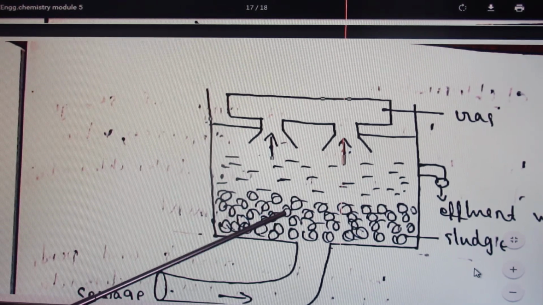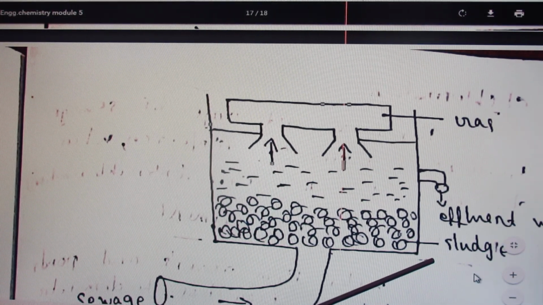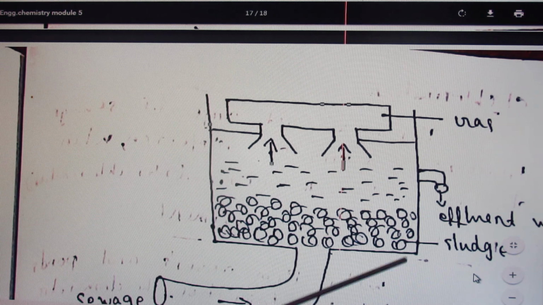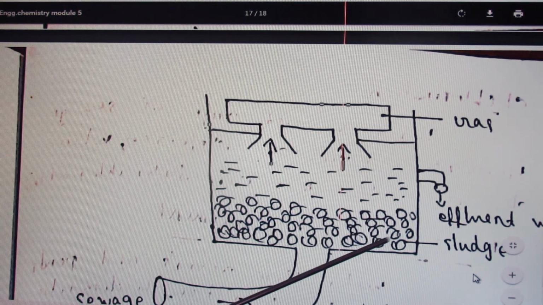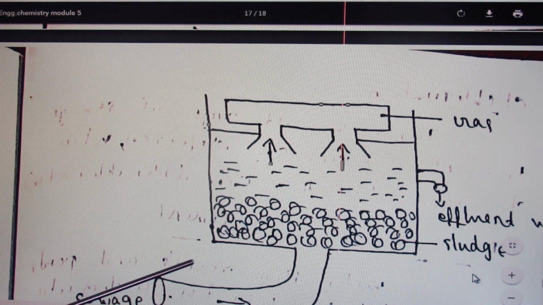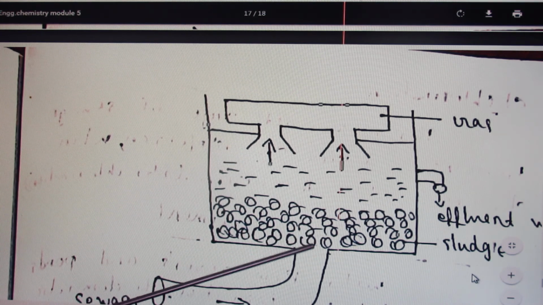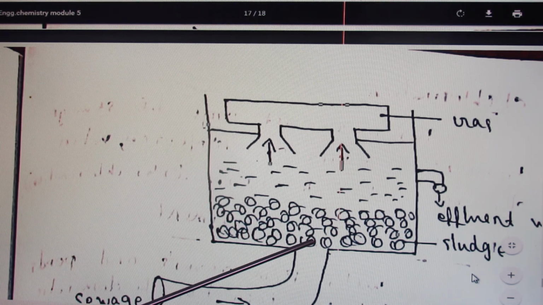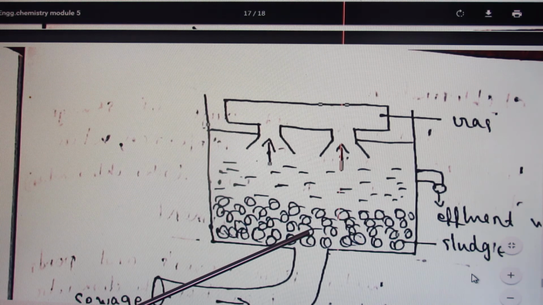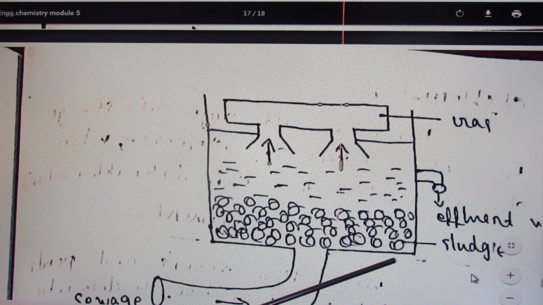The bottom of this chamber is fitted with a sludge bed or sludge blanket, which contains anaerobic bacteria. When the wastewater is fed into the chamber from the bottom and comes in contact with this sludge material, the anaerobic bacteria convert the carbon component into methane.